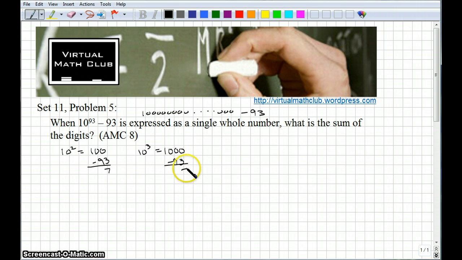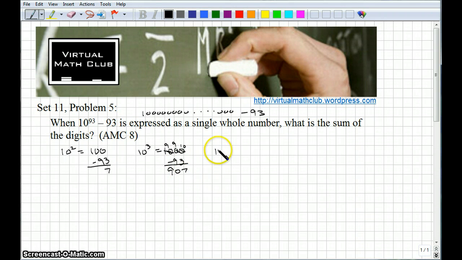We'll get 7, and then we'd have to borrow, and then this ends up being 9, and this ends up being 9. So 9 minus 9 is 0, and then we have 9. So 1,000 minus 93 is 907.